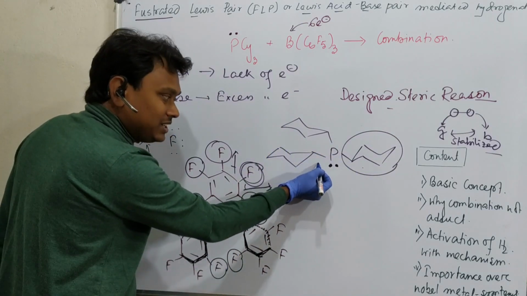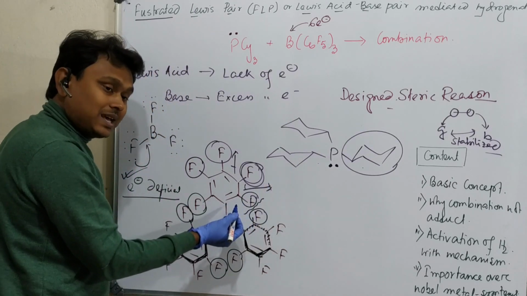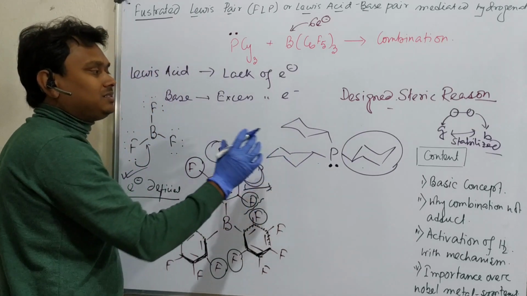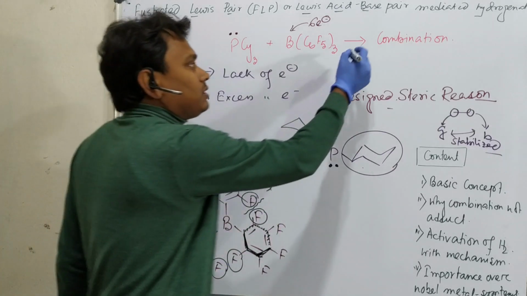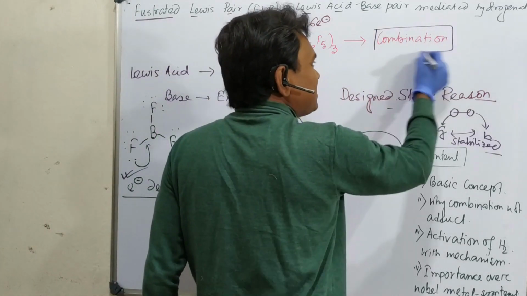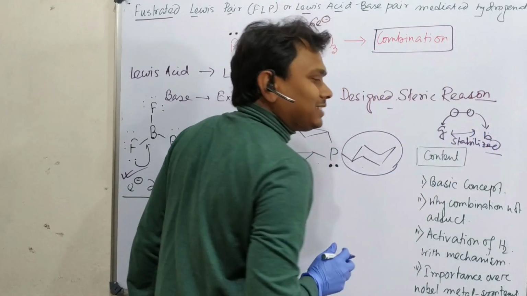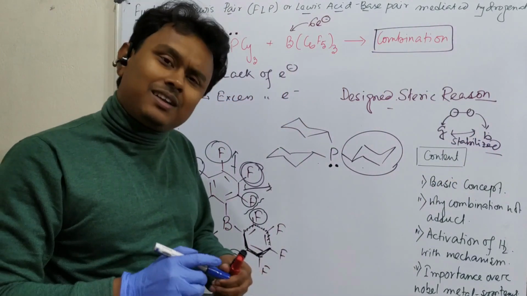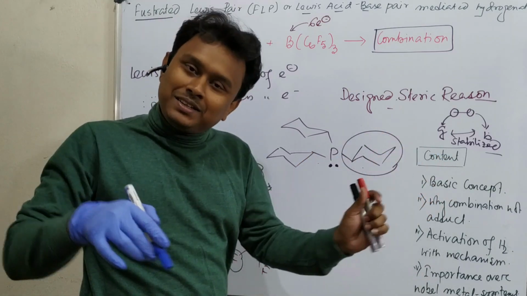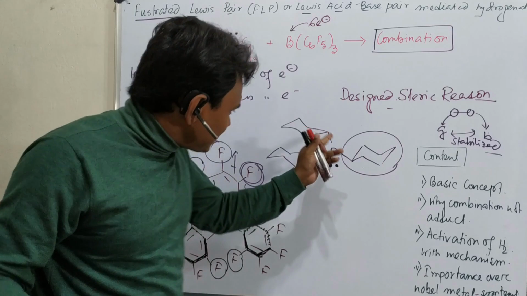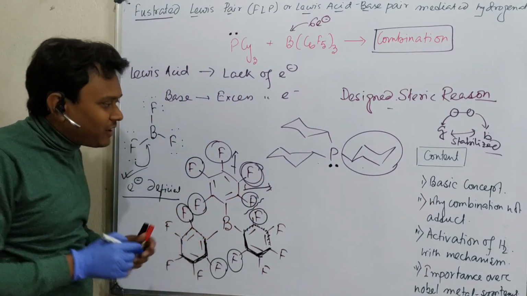So this is purely steric, and this is steric as well as electronic. So that's why they can't form an adduct and they remain together. Like this boy and girl, you can think that socially people know that they are committed together. Socially they are committed, but in reality they are separated. The same thing is happening here.